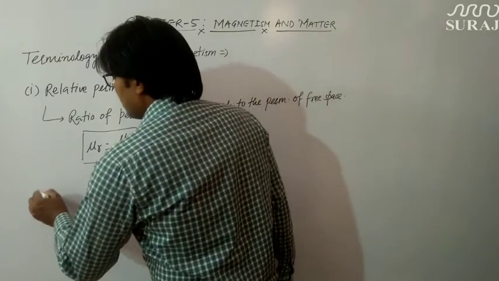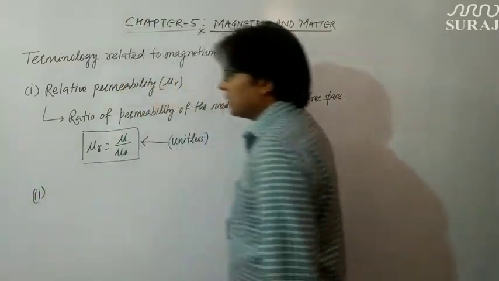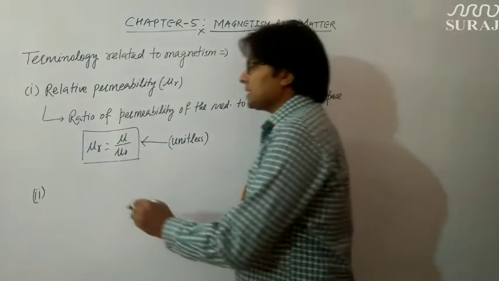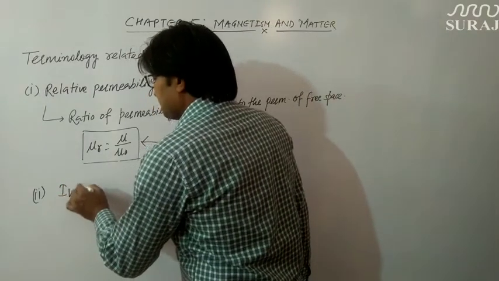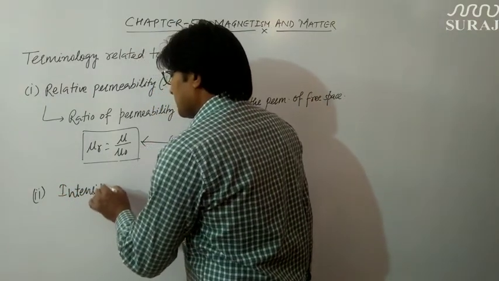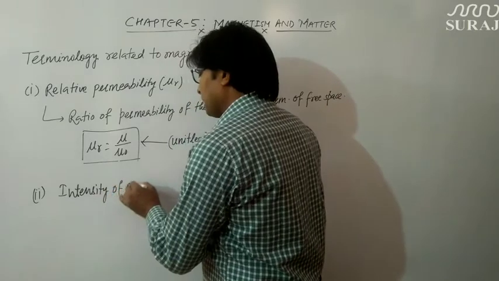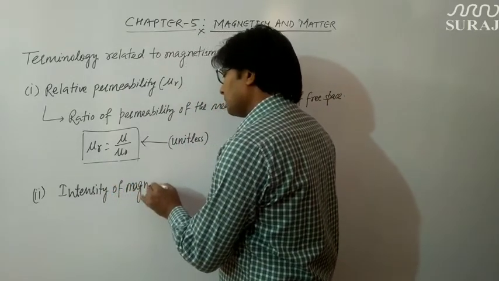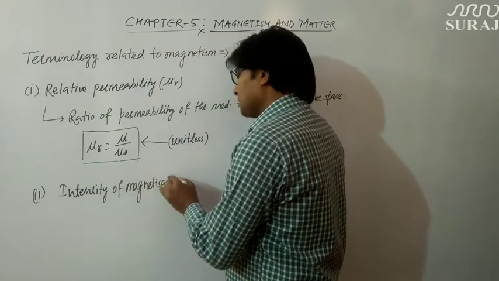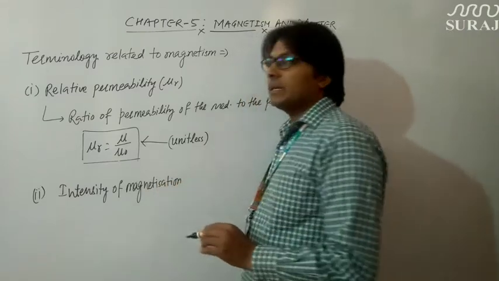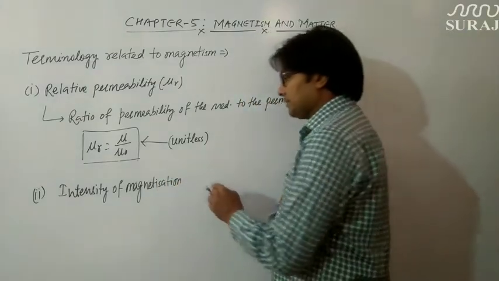Next term which we are going to define is intensity of magnetization. This is the term which actually defines the strength of a magnet.